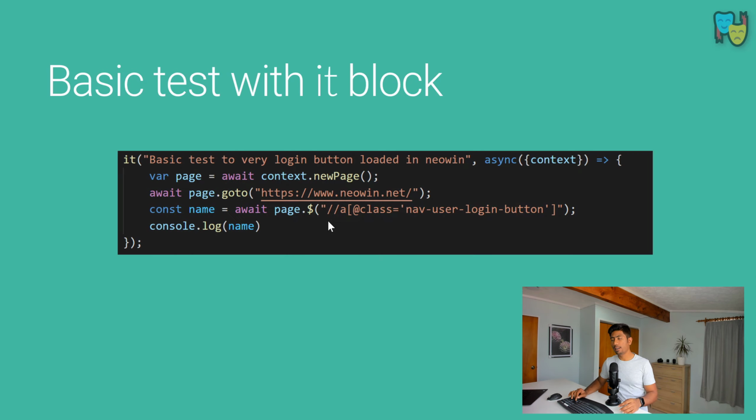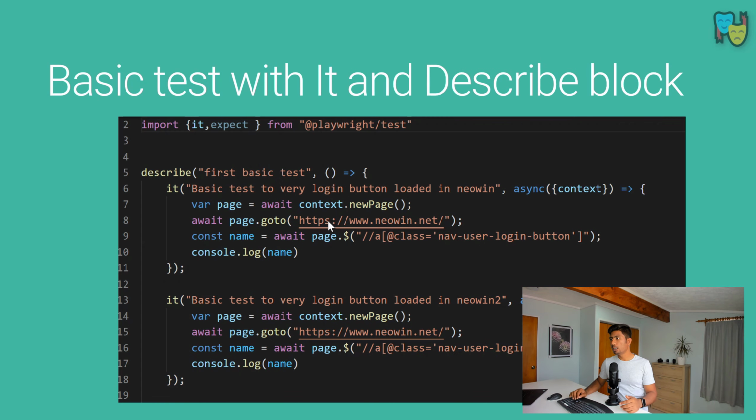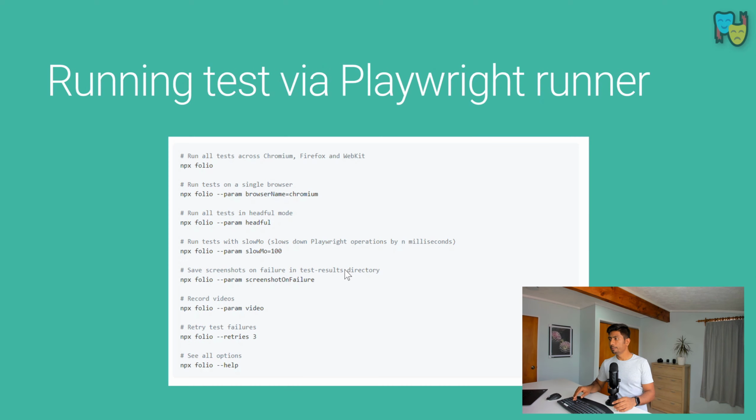Those things never change at all. And if you want to execute the test with the it and describe block, this is how the code is going to look like. You will see that we're importing it and expect from @playwright/test, and then there is a describe block, and within that there is an it block, and all the code that we saw earlier.